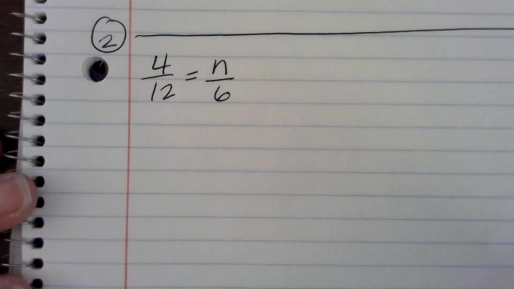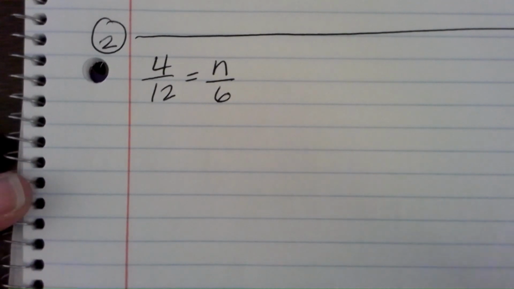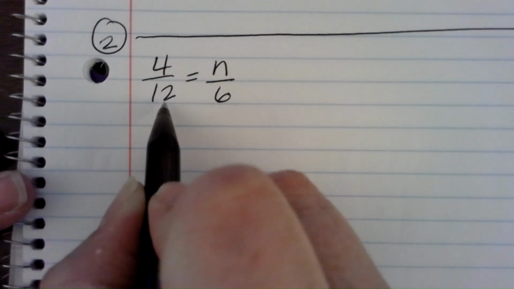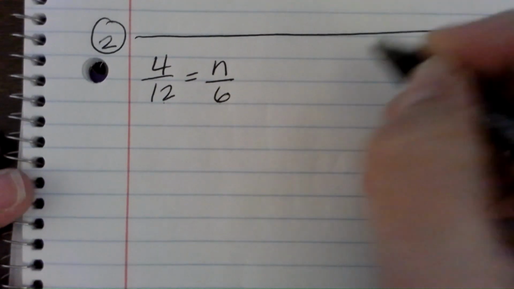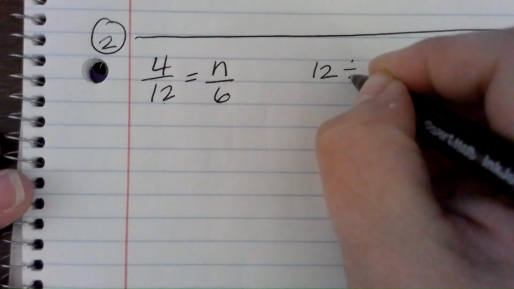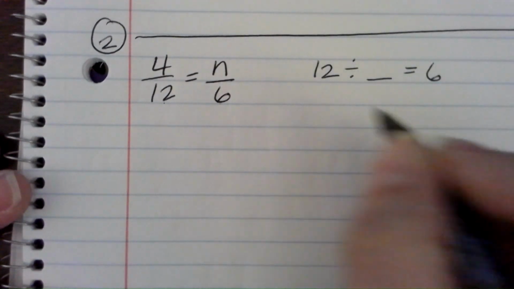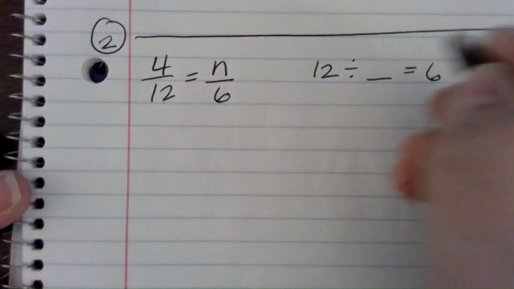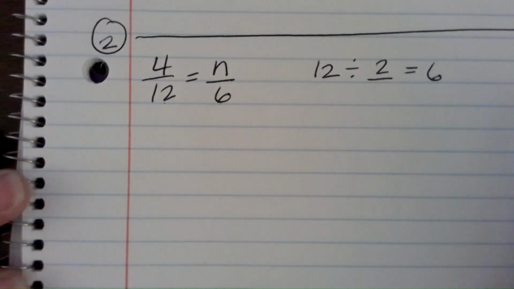All right, so I think most of you are on board, but let's just walk through in case somebody did not ask for help. So again, we're looking at what we know, which is that 12 becomes 6. Because that 12 gets smaller, I know that I'm dividing it by something. So 12 divided by 2 is actually what gives me 6.